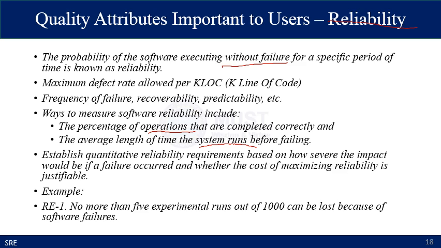As an example, no more than 5 experimental runs out of 1000 can be lost because of software failure. So if your software fails fewer than 5 times in 1000 runs, you can say your reliability requirement has been achieved.